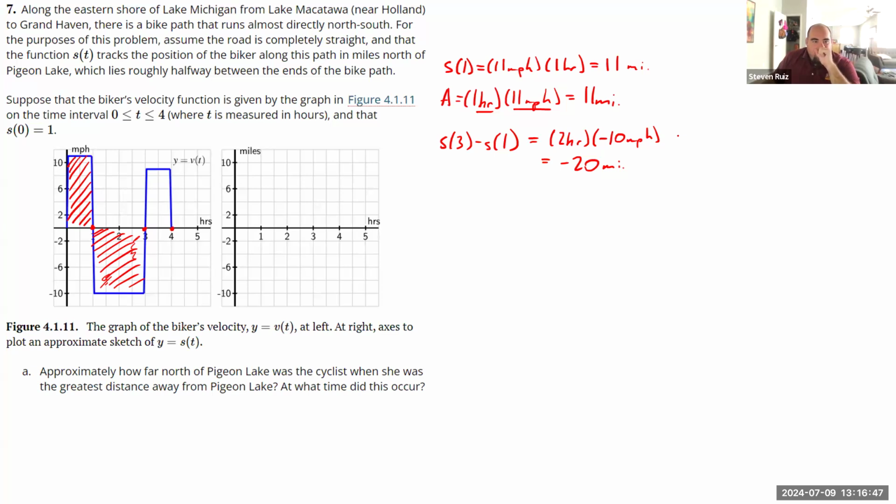Should I be adding these together or subtracting? First I went 11 miles, and then I basically went south 20 miles. So that's going to give me negative 9 miles.